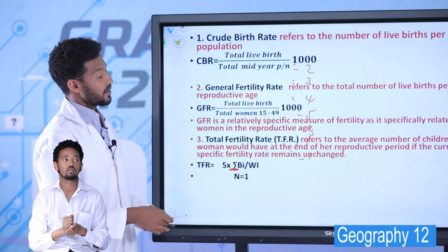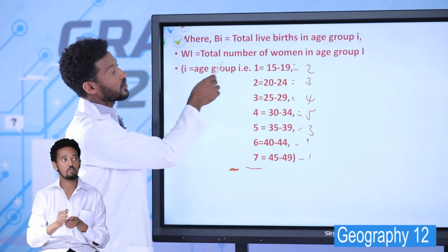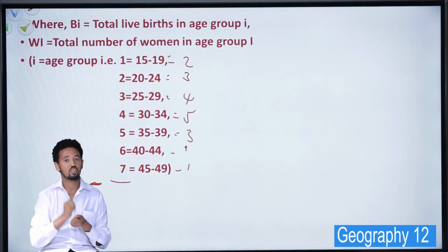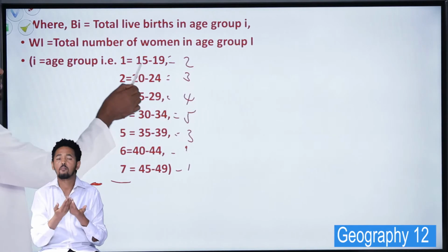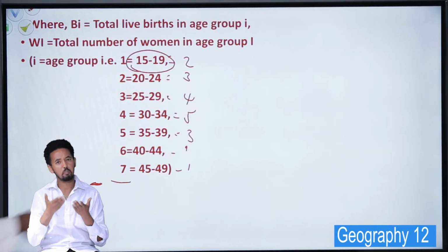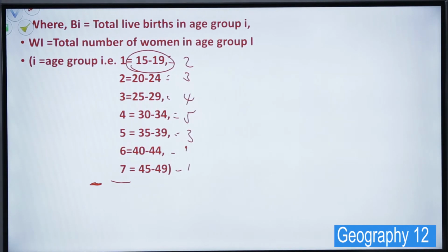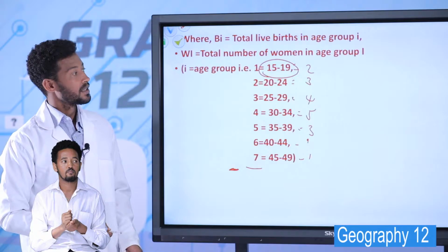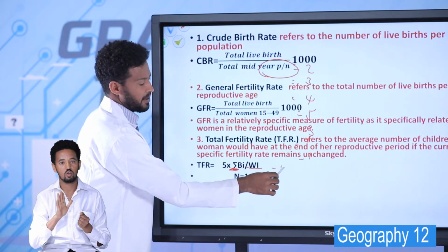Then you have to divide it by the amount of Wi. Wi means the total number of women in the age groups. How large a population may be found between these age groups? Finally, you will get maybe 5.